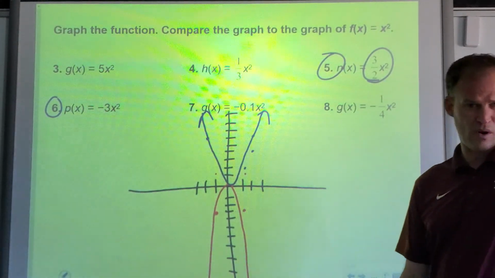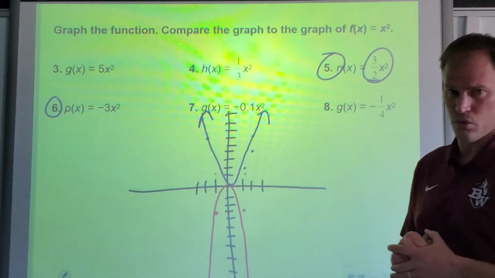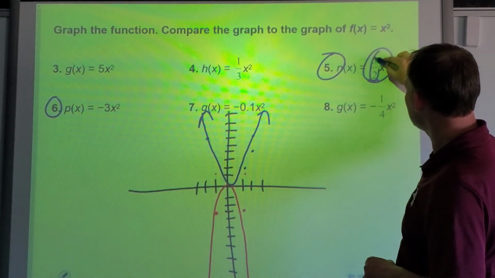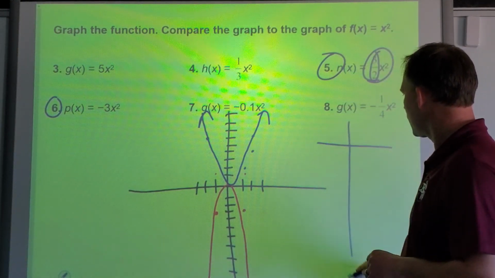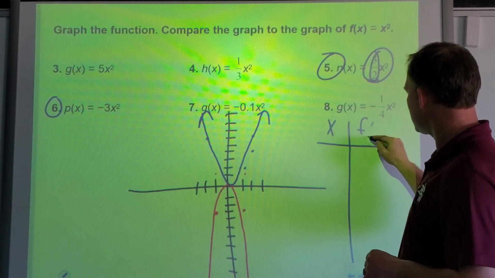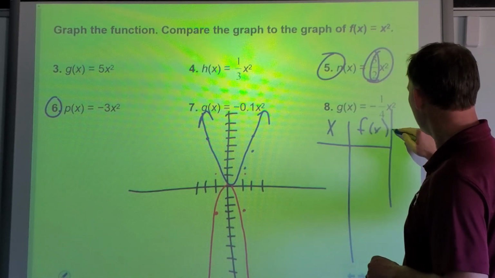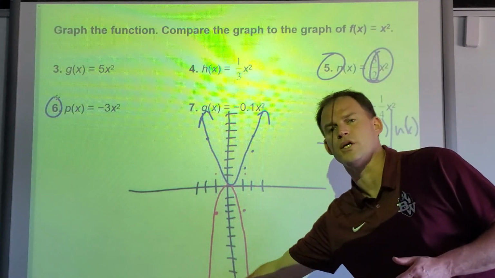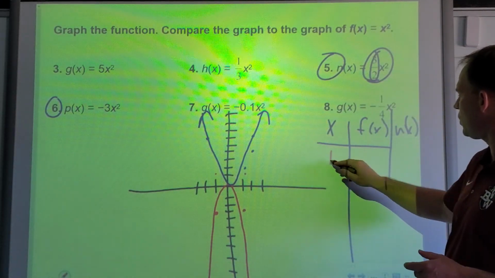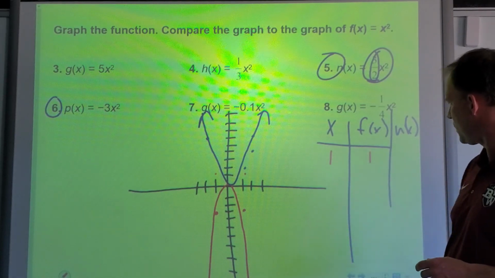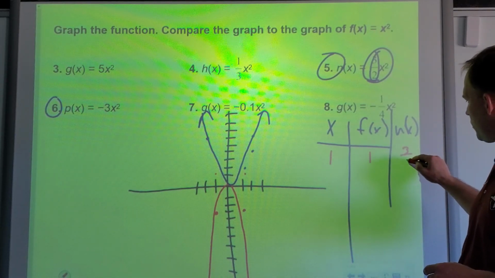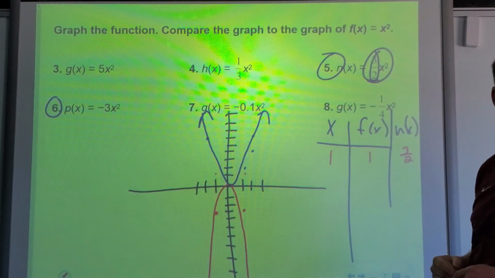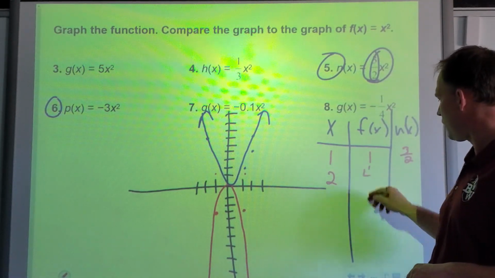All right, again, on graph paper and on the computer, it's going to be a whole lot easier. But I just take this number. If you have a hard time seeing these in your head, you can always go to a calculator. But all I'm doing here is I know that my original, if I plug in 1, I get 1. I'm just taking that times 3 over 2. I know if I plug in 2, I get 4.